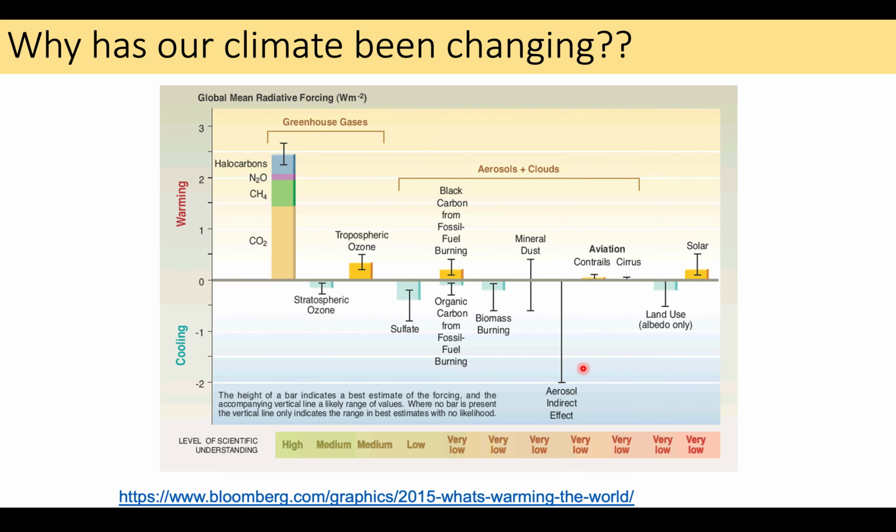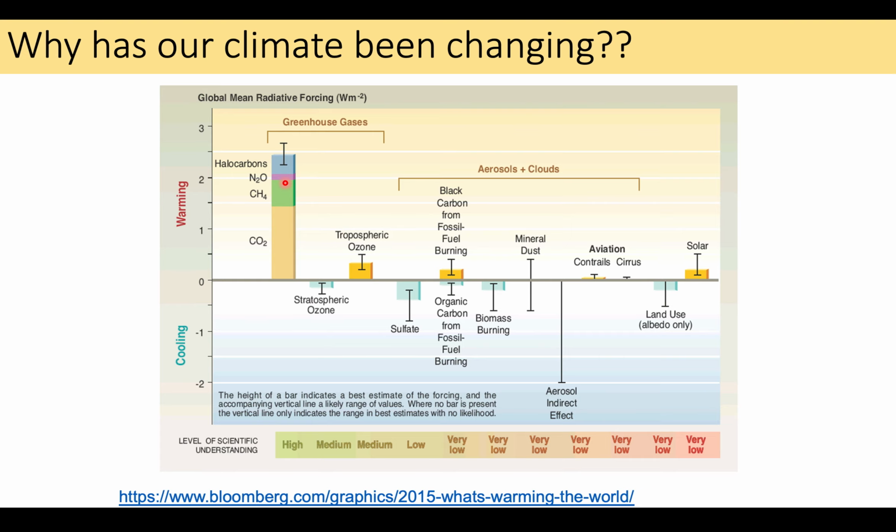Those are mostly caused by humans lately. So if we think about how our climate has been changing in the past, you can see here this graph, which is really nice because it breaks down the different components of climate change into the warming components and the cooling components. So what has been going on to cause warming versus cooling.